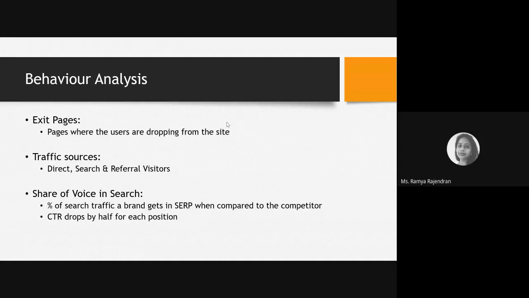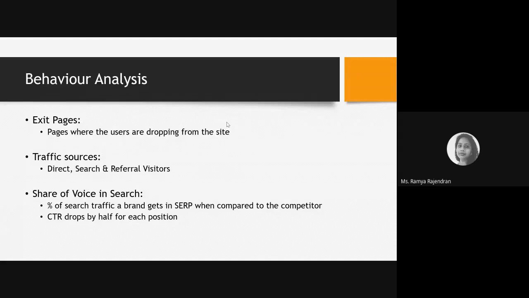And next is your share of voice in search. The share of voice is the percentage of search traffic a brand gets from the search engines as compared to the competition. The search traffic will depend on the click-through rate, which in turn depends on the position in the SERP. These go together. But to estimate the CTR, we have to refer to research data.